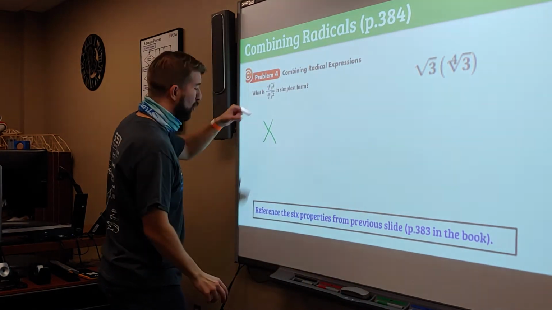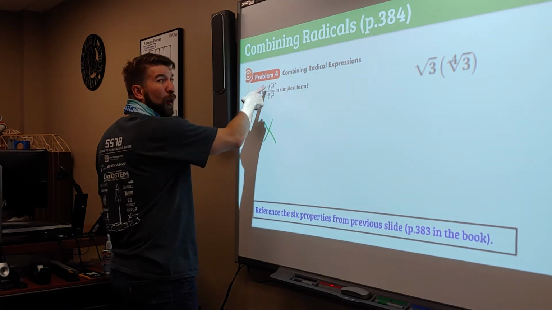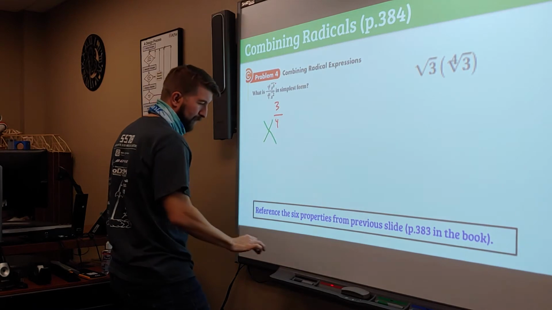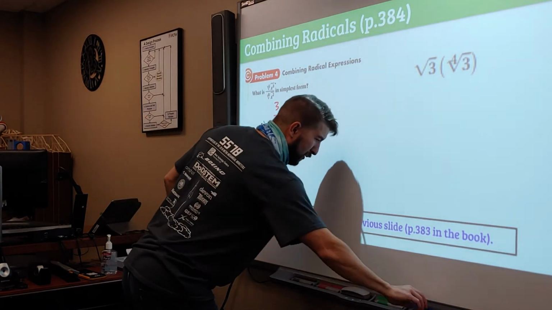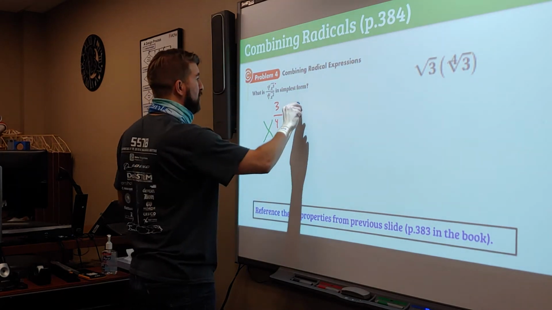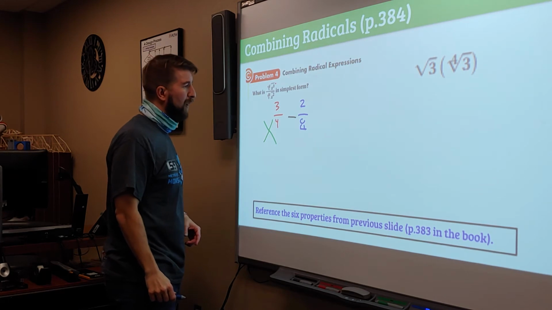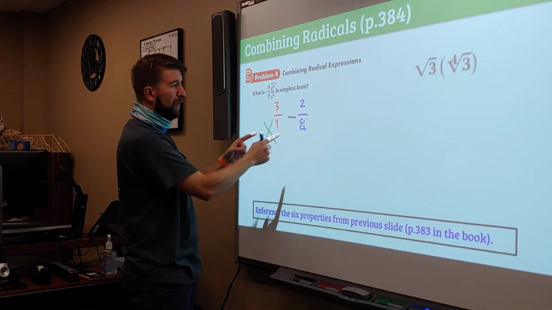So this first one, I'll put in red. The 4 is going to go on the bottom part of the fraction, and then 3 is on top. Then I'm going to say minus 2 over 8. All right, now I cannot subtract these because they need the same number on the bottom.